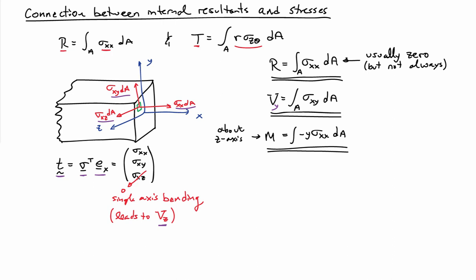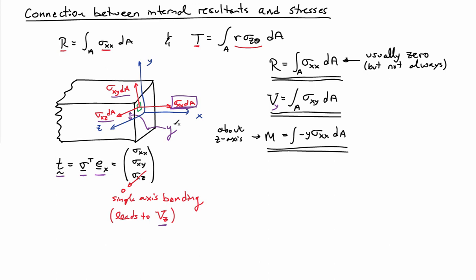Let's just have a look at that for a second. If I consider a little bit of area dA, the force acting on it is sigma xx dA. And I need the lever arm about the z-axis, so that's going to be this distance here, which is y. So that gives me a moment about the z-axis.